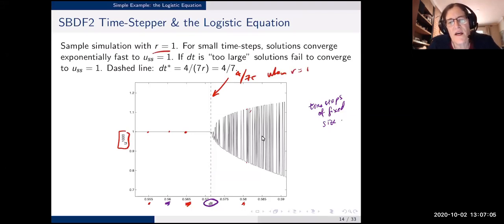So the time stepper is clearly doing what you would expect. You see that when the time steps get too large, the attractive fixed point, u equals 1, which is the asymptotically attracting fixed point of the continuous problem, becomes unstable to the numerical method if the time step is too large.